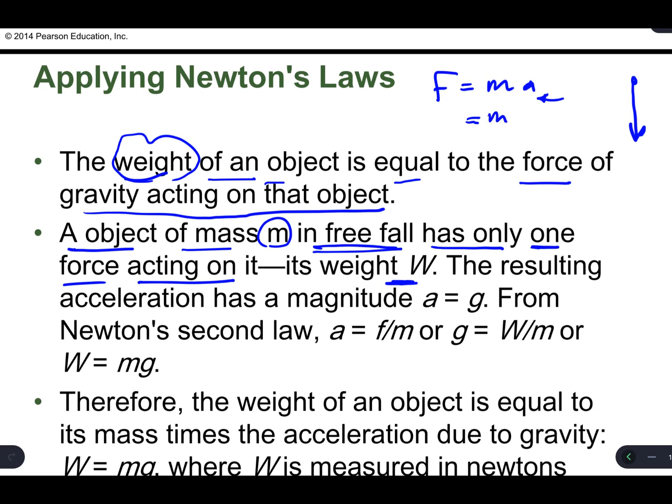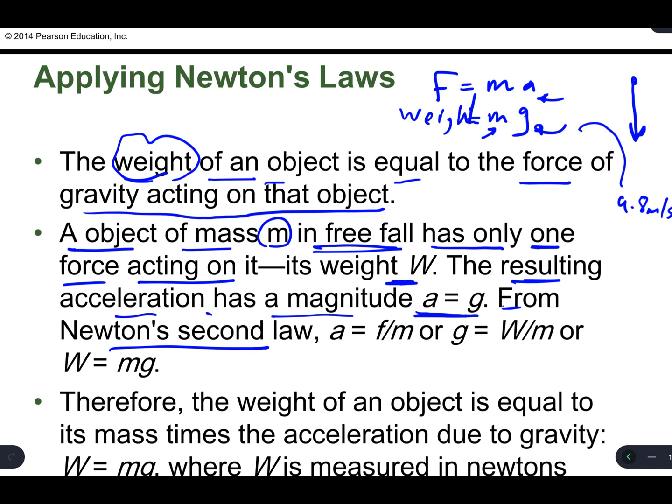So mg, now it is the weight. The weight equal mass times acceleration due to gravity, or what you memorize, 9.8 meters per second squared. So the resulting acceleration has a magnitude a equal g.